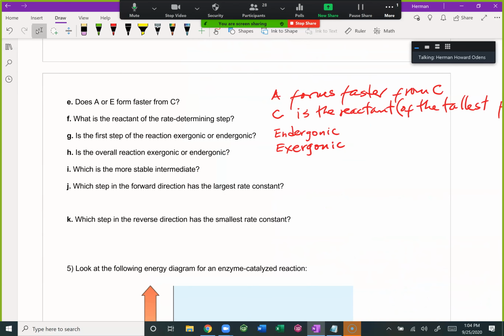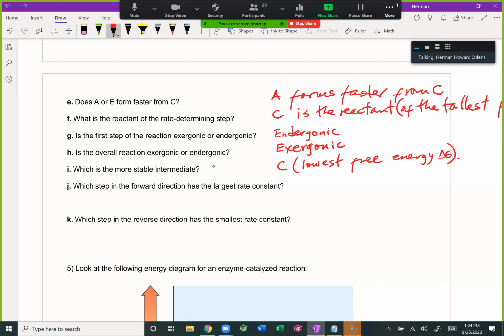So I'm going to say that C has the lowest free energy, or delta G. All right.